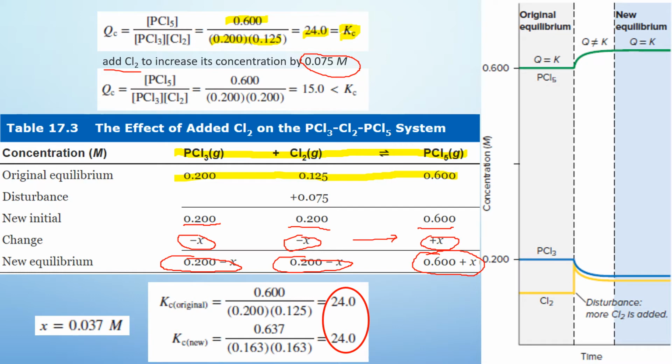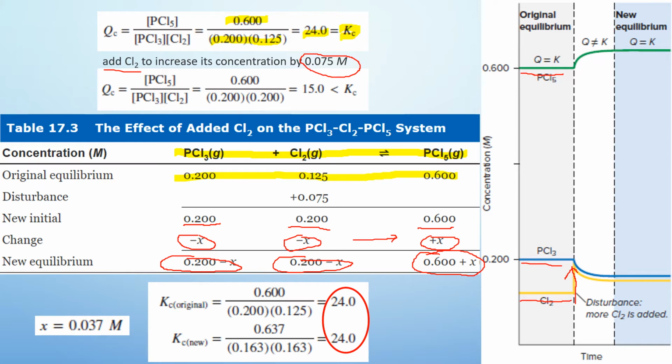From this plot on the right, we can see that before this first vertical dashed line, the concentration of the product and the reactant is constant. At the moment of this disturbance, which is caused by the increase of the chlorine concentration, the reaction is no longer at equilibrium.